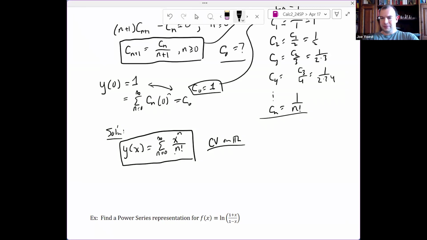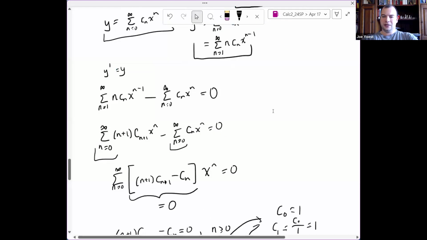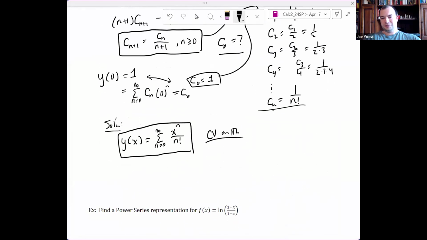And something interesting we might notice is you might have looked at this differential equation and said it's kind of silly to solve this with a series because we know what the solution is, right? y prime equals y is an easy differential equation to solve. A function that's its own derivative is just an exponential function, and y of 0 equals 1 constrains it to be e to the x.